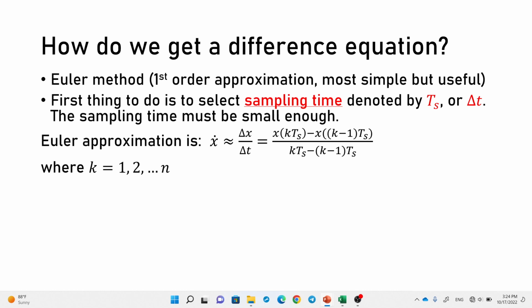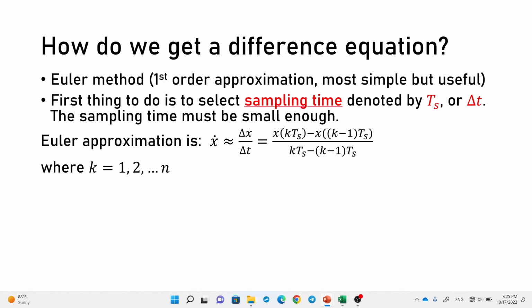In here you see, when you want to make an algorithm to solve a differential equation, you need to use a computer that works in discrete time. It cannot work in continuous time. So one way is to use the Euler method to approximate the continuous time equation into a discrete time equation.